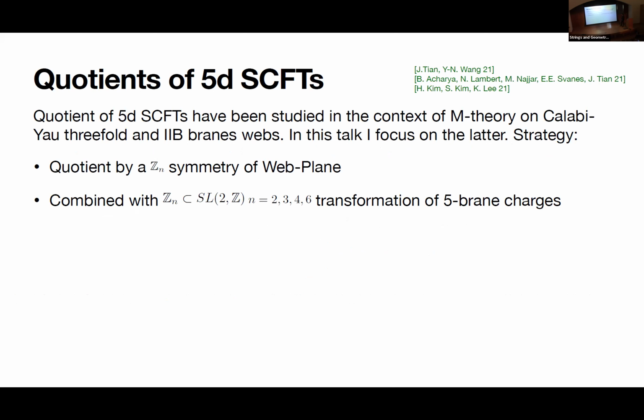On the 2B side, it really looks like an S-fold, because you quotient by a ZN symmetry of the web plane, and you also combine this with the action of an SL2Z transformation. In particular, the ZN symmetry of the web plane corresponds to the subgroup of SL2Z that you quotient by.